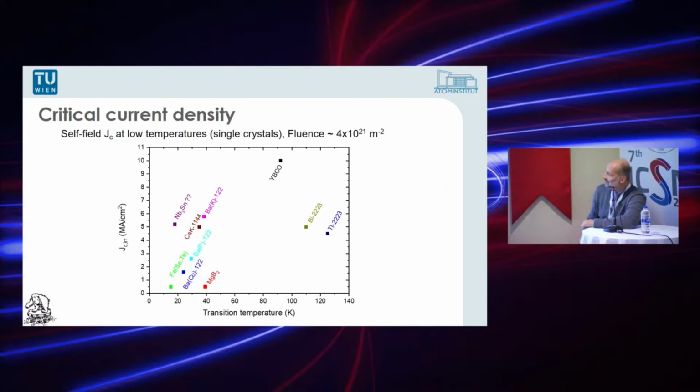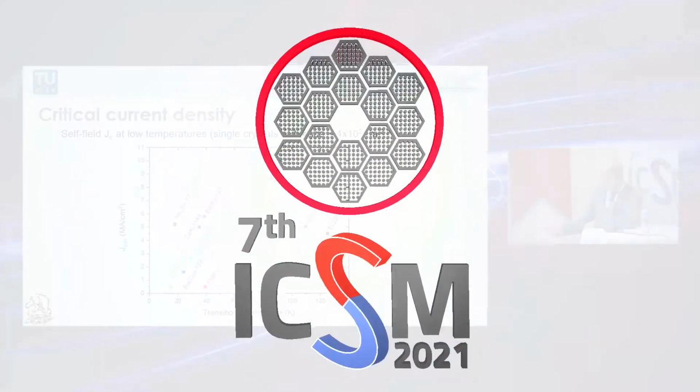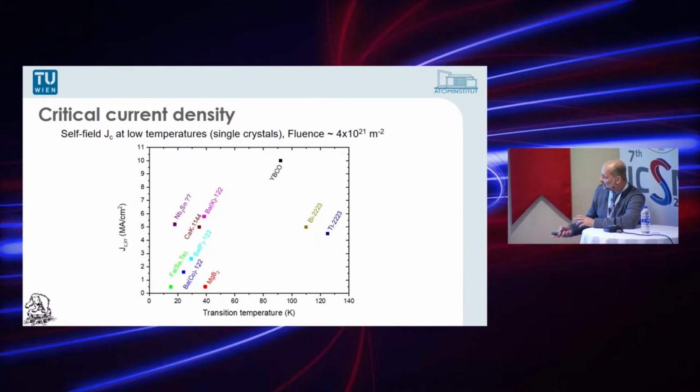Now this neutron irradiation allows us to compare materials, and this is the self-field JC at low temperatures. You can see two things. There is quite a huge difference between the materials, with the lowest value for the 1-1 compound and the highest for YBCO. This is a factor of 50, although you now have the same defect structure.